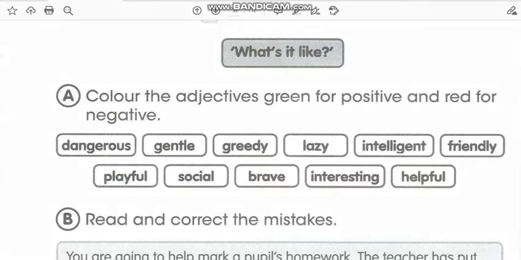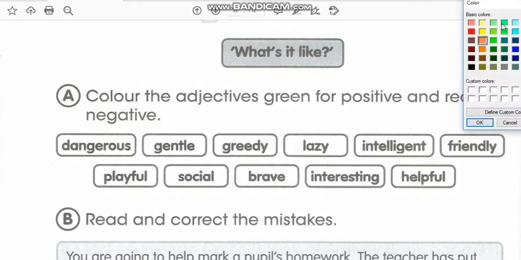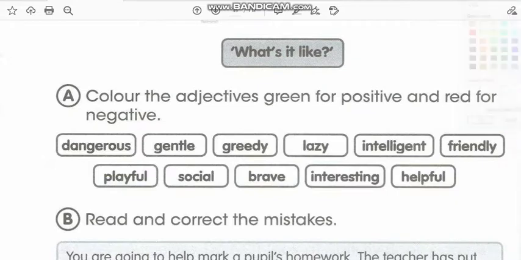تعالوا نشوف هسه هنا شلون حنلون احنا. أنا ما راح أحلها كليتها يعني، بس يعني بدي أعلمك الطريقة. Dangerous خطير. It is positive or negative? Of course it is negative، هاي صفة سلبية، so color it with red sorry، حتلونها باللون الأحمر. حتكون صفة سلبية، حتلونها باللون الأحمر.